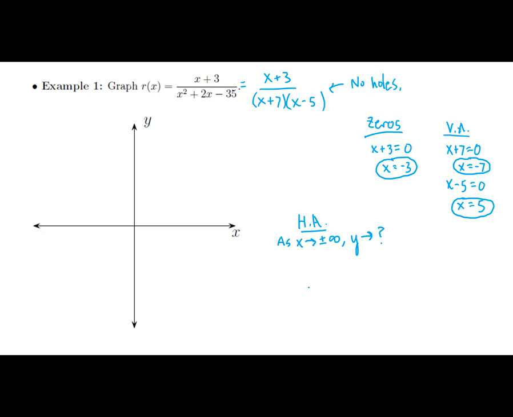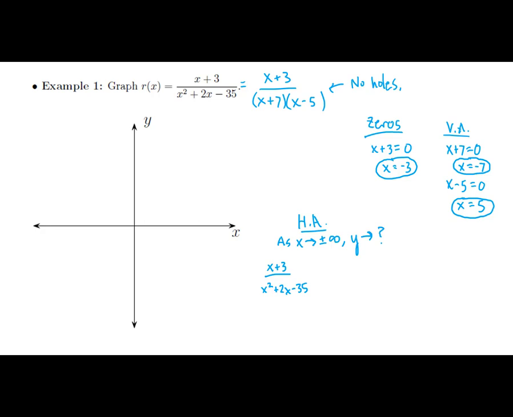If we can answer that question, then we know what our horizontal asymptote is. So in order to do this, we're going to take our original expression, our original function, x plus 3 over x squared plus 2x minus 35.